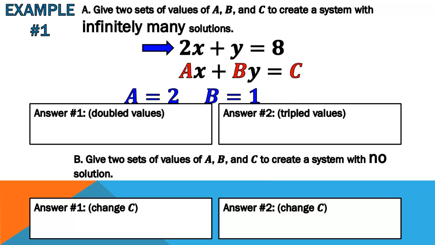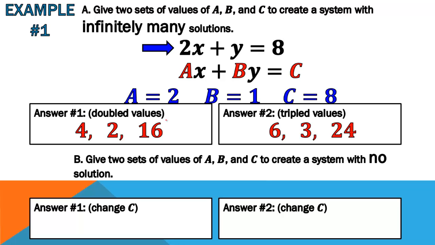So A is 2, B is 1, C is 8. So if we double each one of those, we'd get 4, 2, and 16. If we tripled everything, we'd get 6, 3, and 24. And that would be for doubled and tripled.